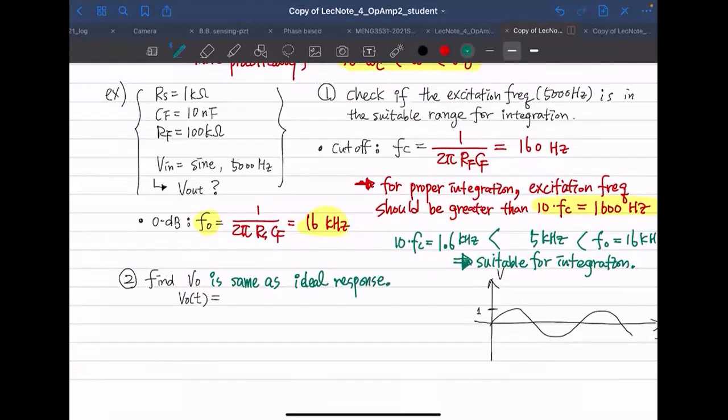And our ideal response was V out at time 0 minus 1 over Rs Cf integral from 0 to t of Vn of t dt. And where did I get this equation?